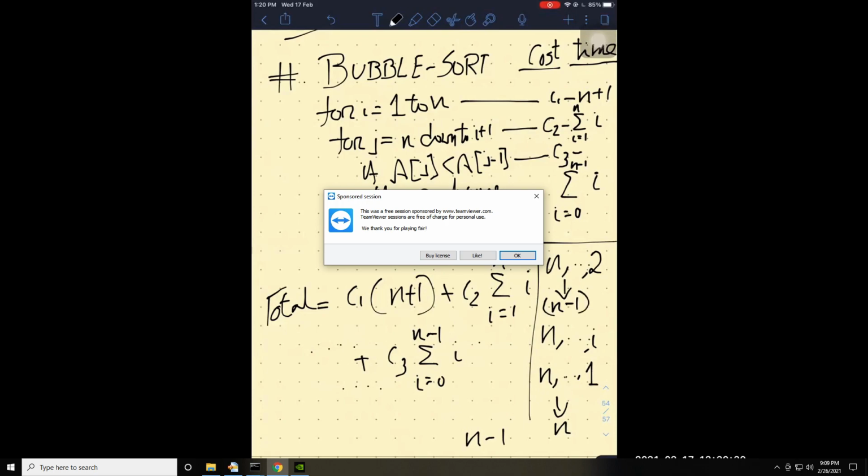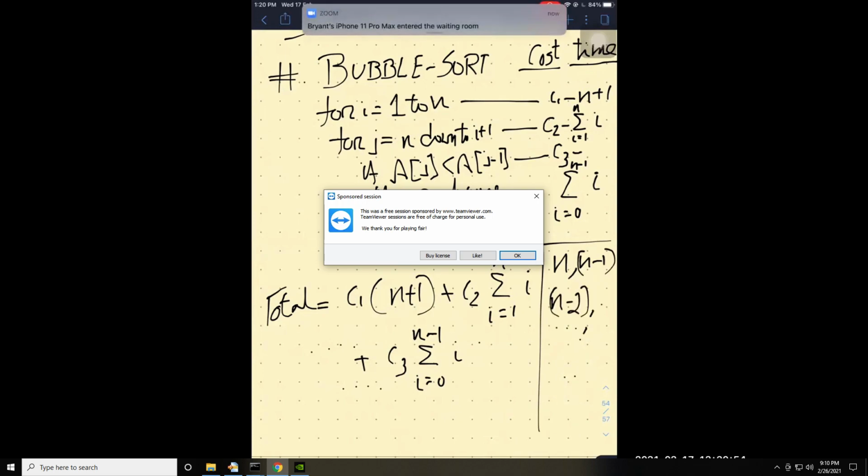Thank you. So in this way, if you progress, for the inner for loop we'll get one series which will look like n, n minus 1, n minus 2, all the way down to 2, 1.